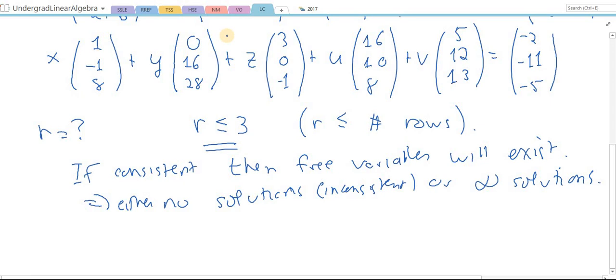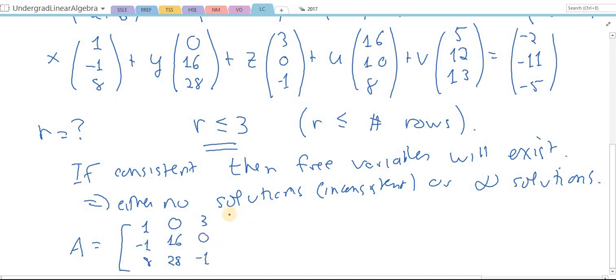From this vector form, I can certainly write down my coefficient matrix A and my constant vector B. So here I have A equals 1, minus 1, 8, 0, 16, 28. And then I have 3, 0, minus 1.